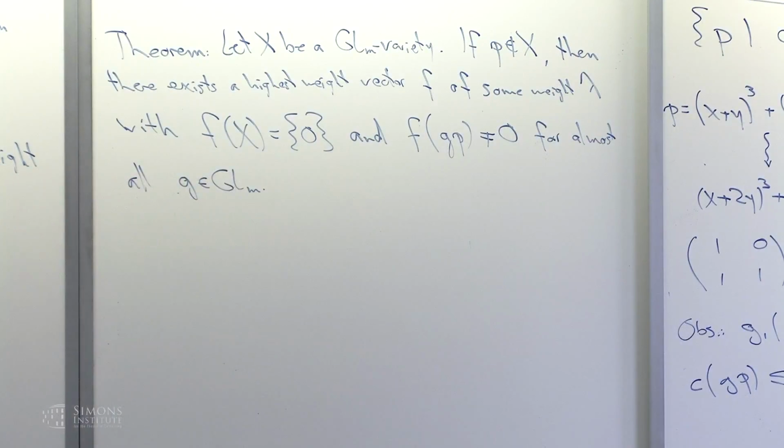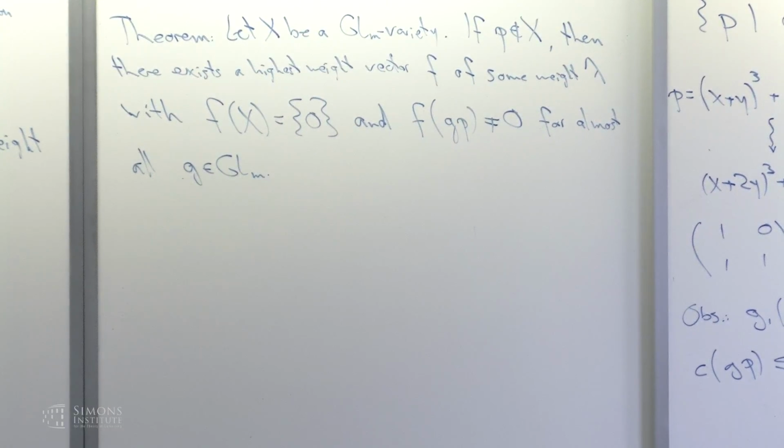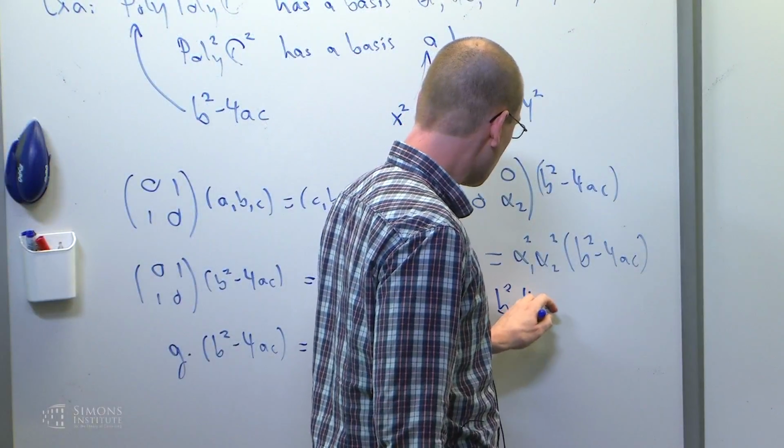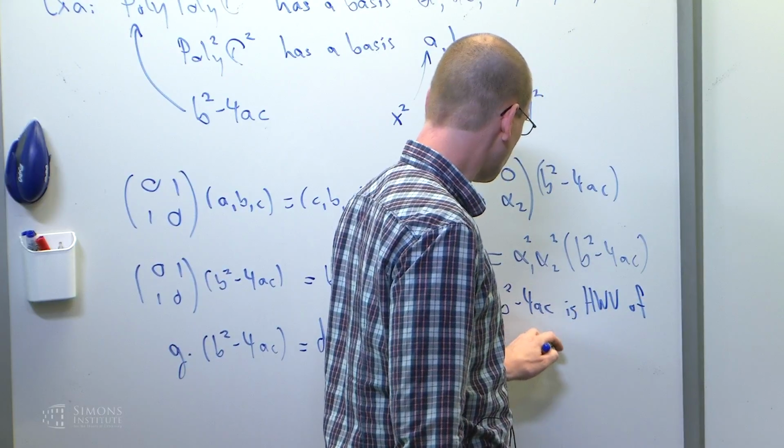So in particular here, there's this one highest weight vector, b squared minus 4ac, and there's a second one, up to scale, of course. Every scalar multiple is also a highest weight vector. So b squared minus 4ac is the highest weight vector of weight 2, 2.